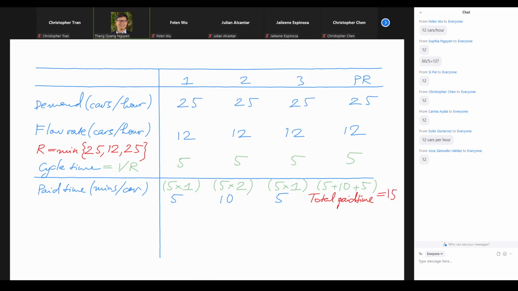Minutes per car. Right, so I'm sorry, 20, not 15, 20. We just add things up. 20 minutes per car.